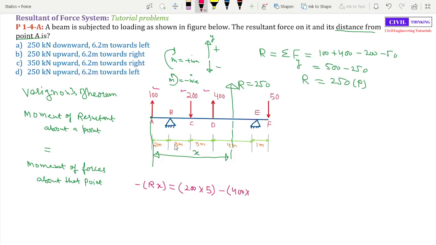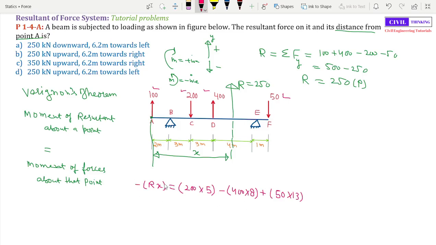It is 3 plus 3 is 6, plus 2 is 8. Now let's find the moment of 50 about point A. 50 is going to exert a clockwise moment, so it is positive, plus 50 times how far 50 is normally from A. It is 1 plus 4 is 5, 5 plus 3 is 8, 8 plus 3 is 11, 11 plus 2 is 13. So 50 is 13 meters far from point A. That's why I write 13 here.